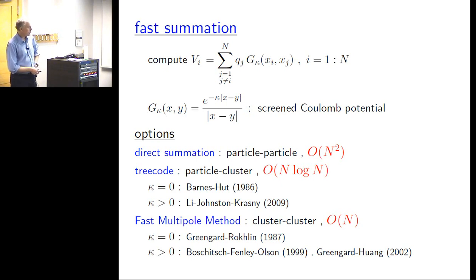Another alternative is the fast multipole method, which goes a step further, and it performs cluster-cluster interactions. In principle, it achieves an operation count of order n. This was first done by Greengard and Rokhlin for the Laplace equation. For the screened Coulomb potential it was done by Macha Fenley and her collaborators.